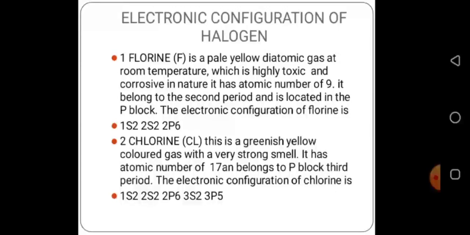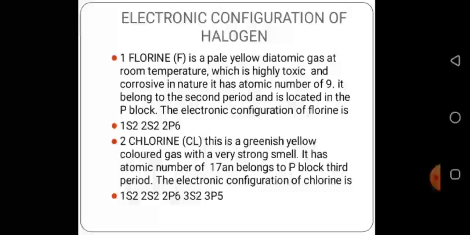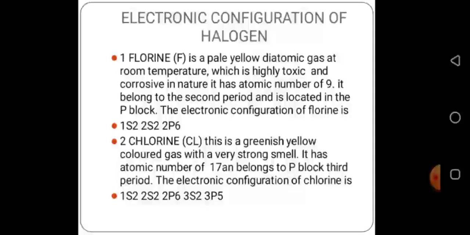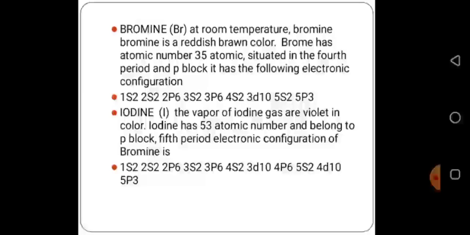When writing the electronic configuration of chlorine, we see it will end up in the P orbital. The last orbital is 3p, and it has only 5 electrons in it. So that is what it means.